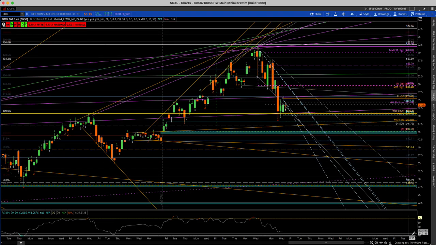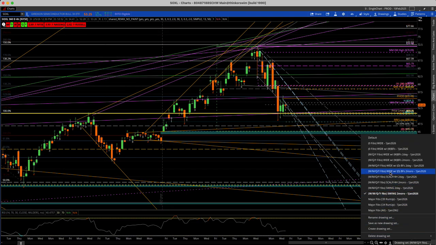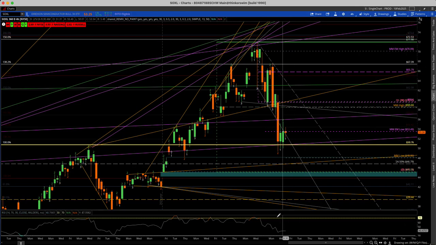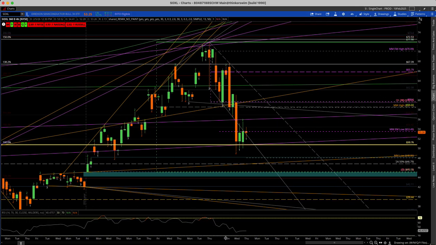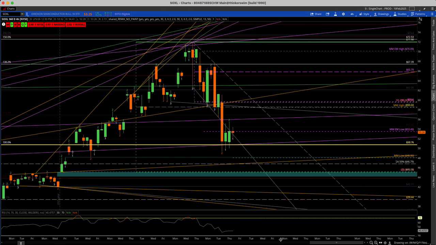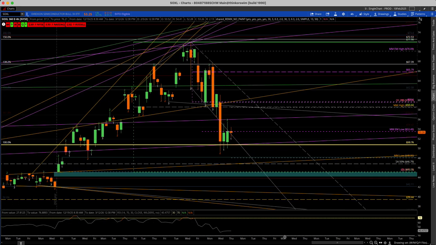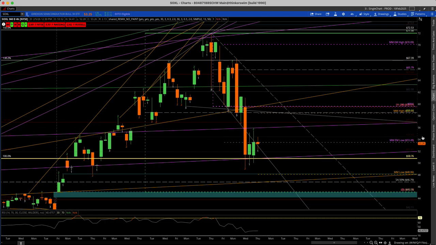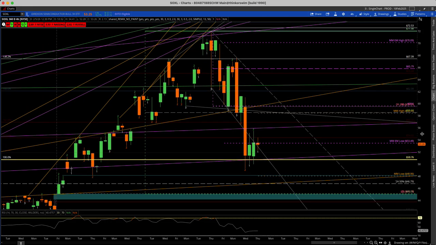Let's go ahead and switch more to a swing trade or a full day trade perspective. Looking at the 4-hour time chart, we talked about on the 1 hour that technically we are still in a downtrend. And we've yet to determine whether or not we're going to put in a lower high on the 4-hour.